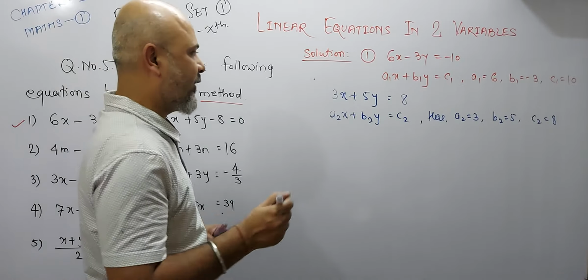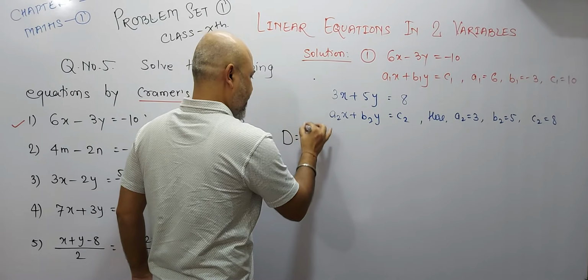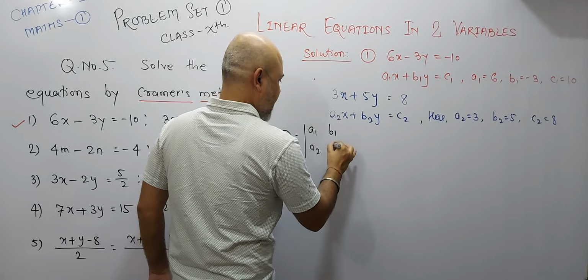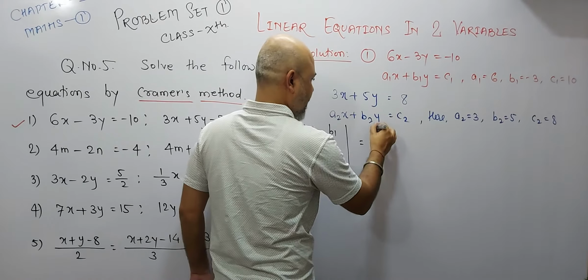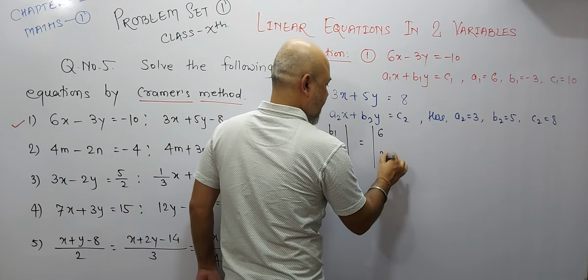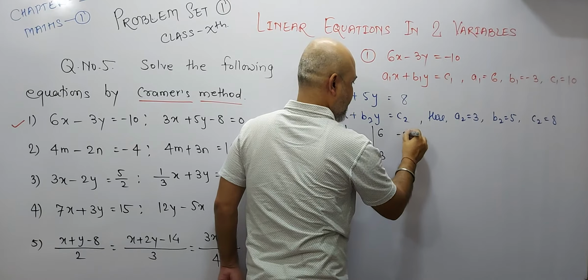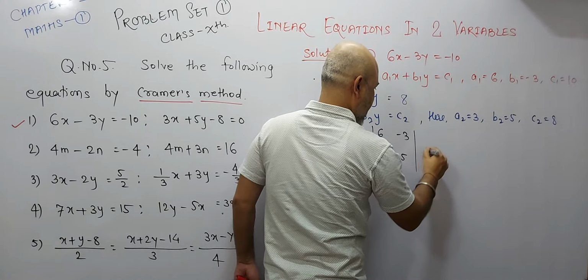Now we find the value of determinant D. D is a1, a2 and b1, b2. What is a1? a1 is 6 and a2 is 3. What is b1? b1 is minus 3 and b2 is 5. Now we will solve this.